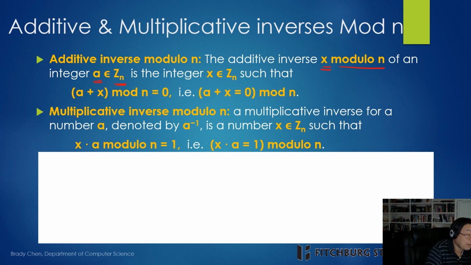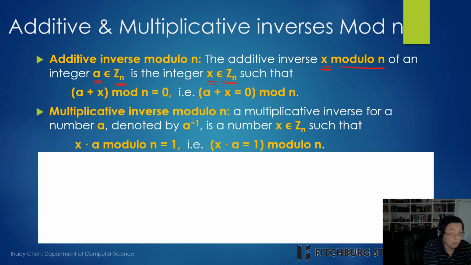The additive inverse x modulo n of an integer a, which is in Zn, is the integer x, also belonging to Zn, such that a plus x modulo n is 0, or a plus x and 0 are congruent modulo n. Now see the difference: x has to be in Zn as well.